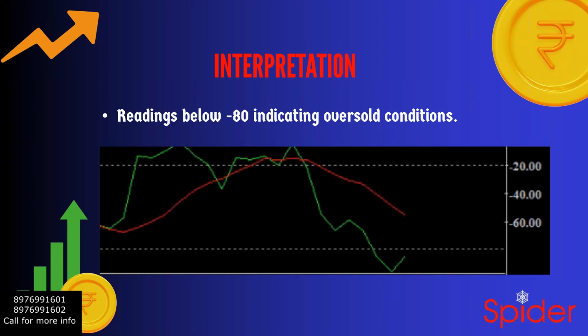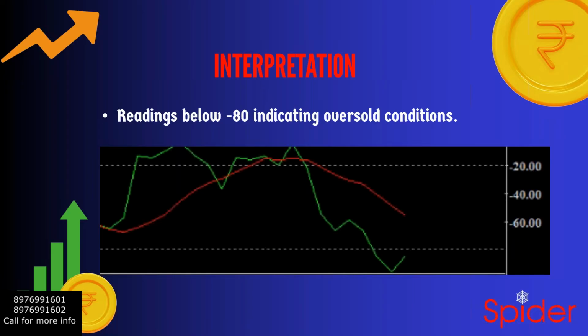If the default setting we are using for William percentage R is 14, this would mean that in the last 14 bars, the price is currently near its lower low. So it is creating a lower low, and here we can directly see that it has hit its lower low and there is a bounce back up. So you can expect this also to be a reversal.